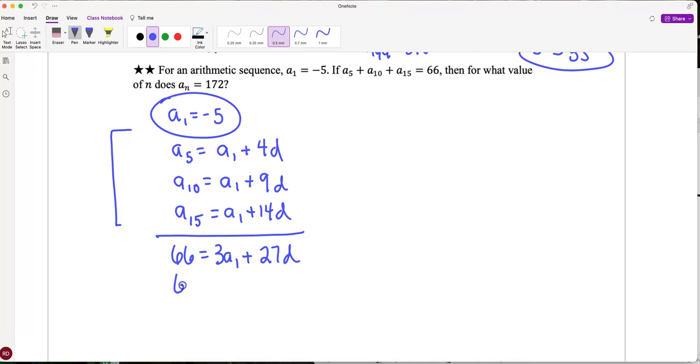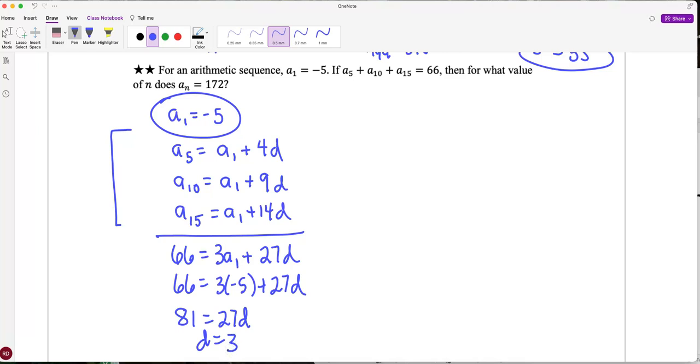So 66 equals 3 times negative 5 plus 27D. So that's negative 15. If I add this over to the other side, you get 81 equals 27D, so D is equal to 3.